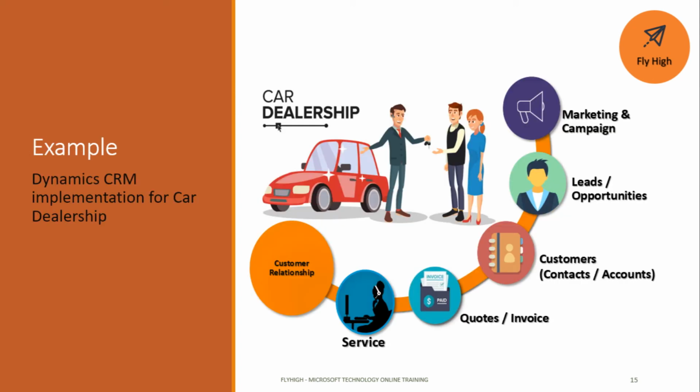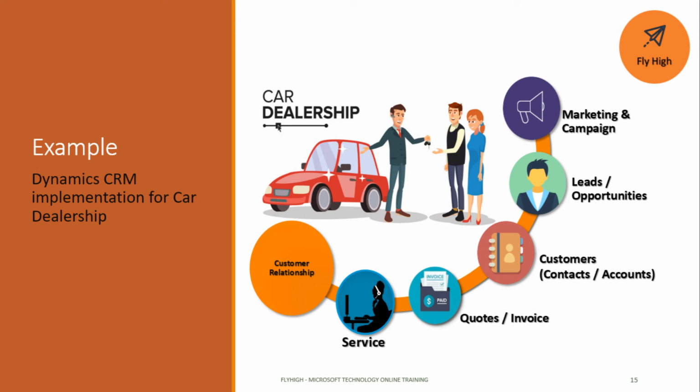Here is a simple example for the dynamic CRM implementation in a car dealership. First step is marketing and campaign. How does this happen? In any kind of festival or any kind of mela, there will be a campaign conducted by the car dealership to invite people from outside.